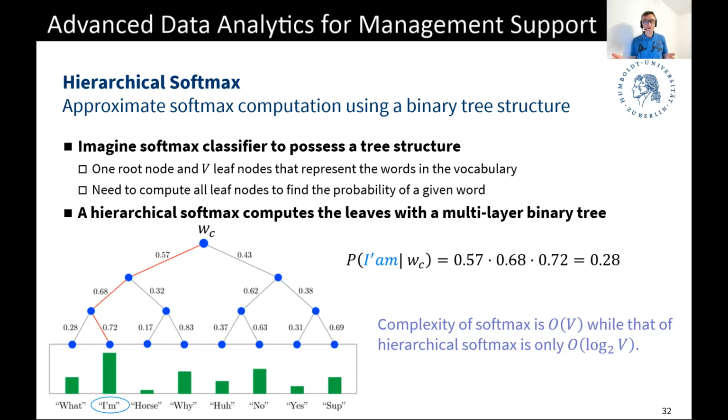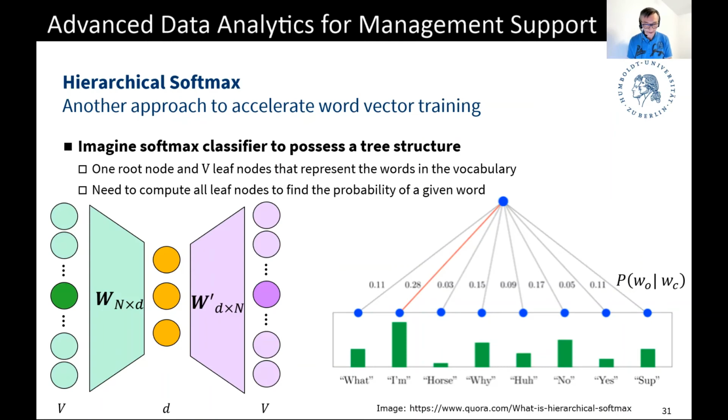All of these matrices are V by D, the size of the vocabulary times the dimension of our embedding layer. And I used to denote them, just to remind you, with W and W prime.